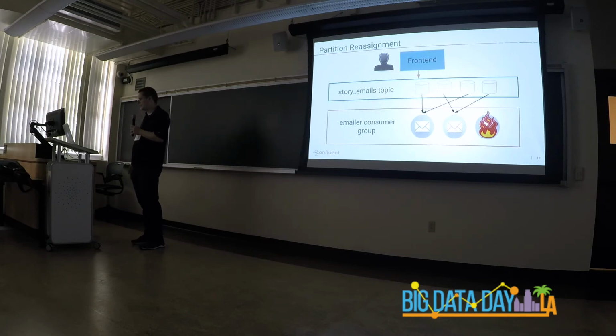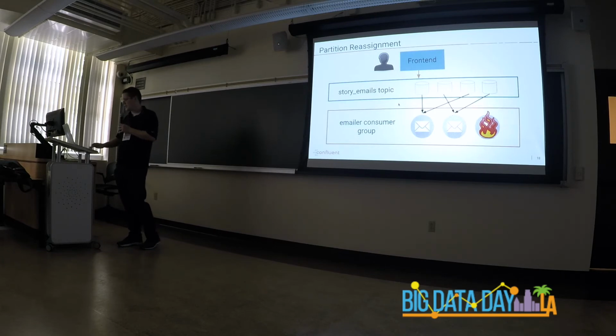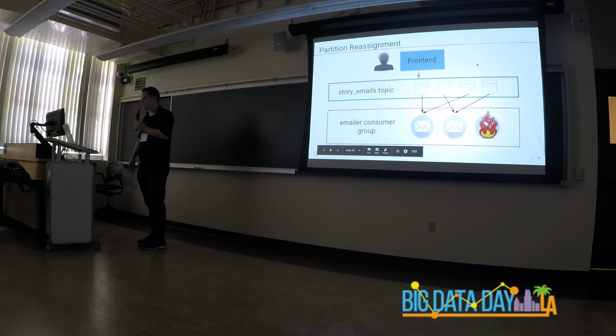And you could say the same thing if you added more emailers as well. We would then do a rebalance, and perhaps we would no longer have an emailer handling 2 partitions. We would simply balance it so everybody got 1. And the concept that you need to do this is the consumer group concept. So you set up a consumer group, which then Kafka will do this balancing for you in.